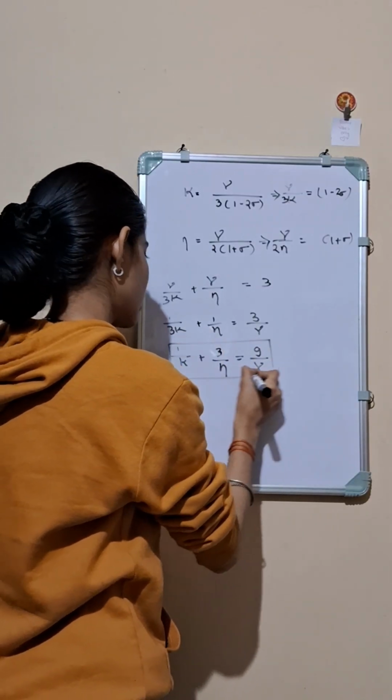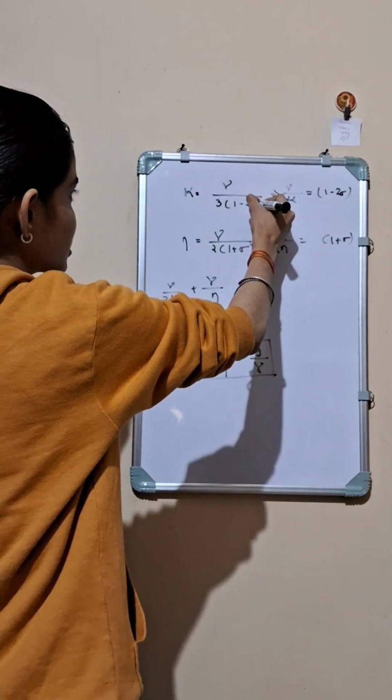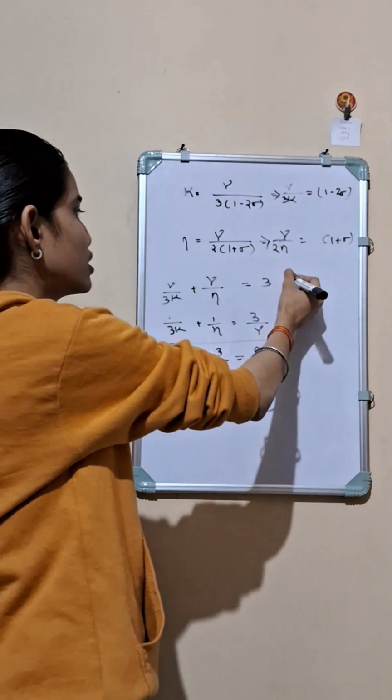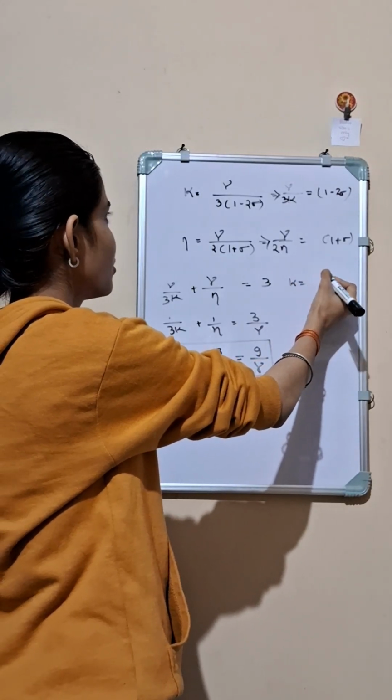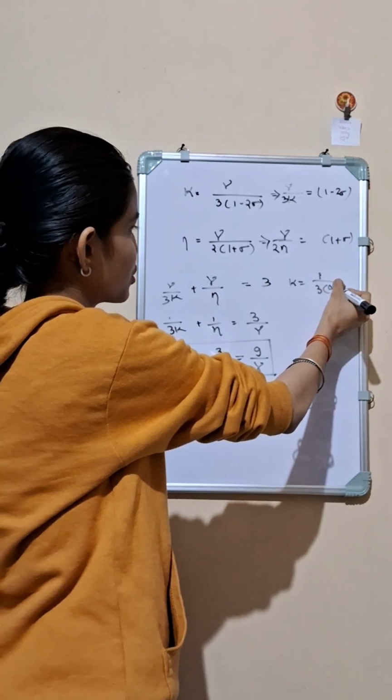You can do it another way, where you take sigma as alpha by beta, meaning the equation where we put k equals 1 by 3 into alpha minus 2 beta.